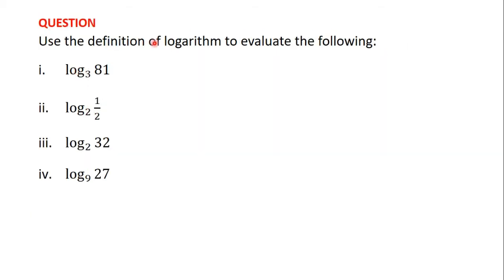Use the definition of logarithm to evaluate the following. We will solve the first one in this video, then we will solve the others in the subsequent videos. So the first one is log 81 base 3.